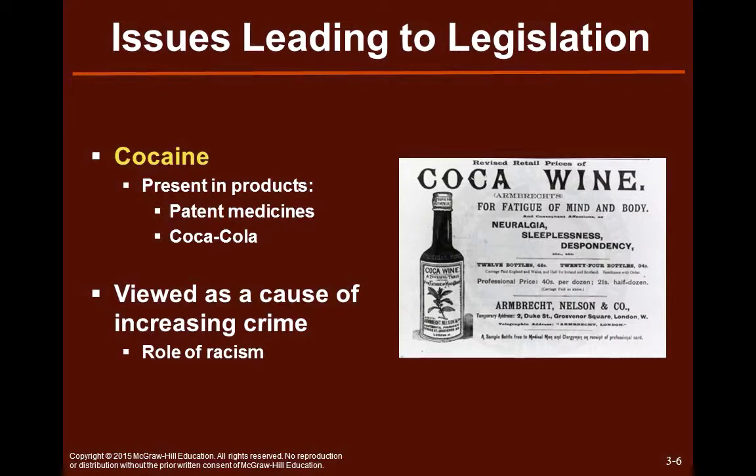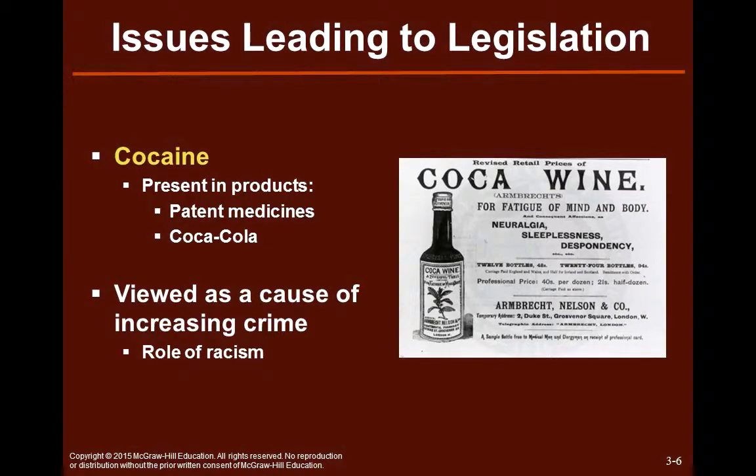There was not a real strong cultural prejudice against it, but at a certain time in our history, it became associated with use by African Americans. There were news stories, very sensational and not all true, about crimes that were committed by African Americans who were consuming cocaine at the time.